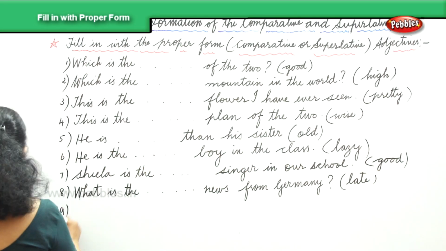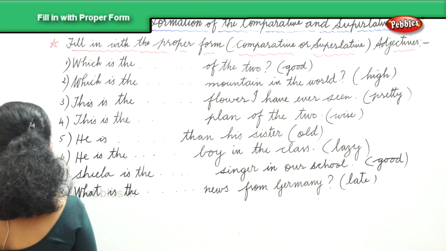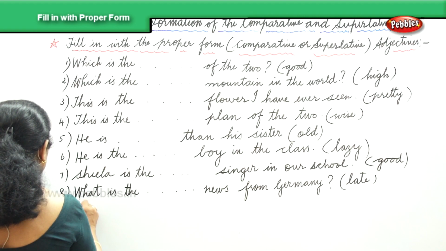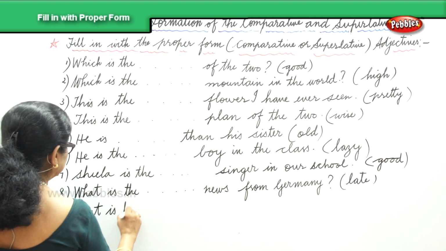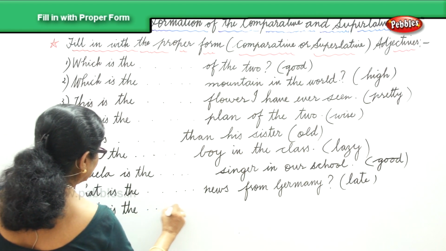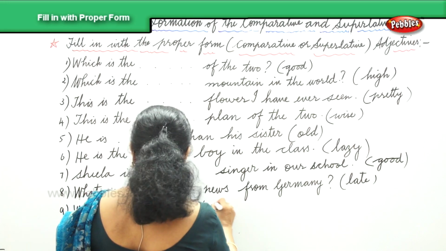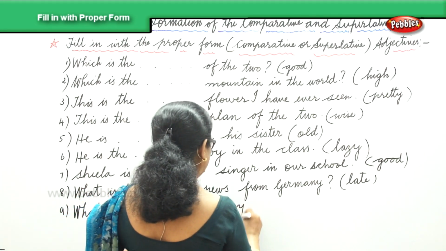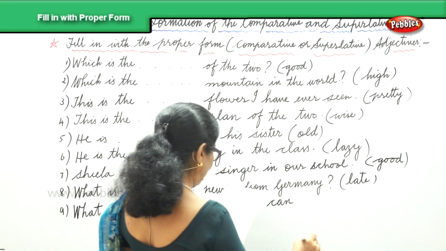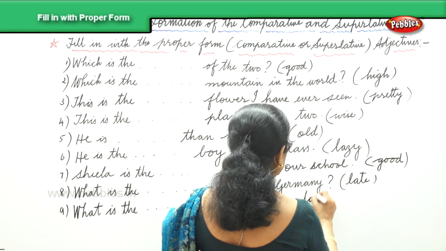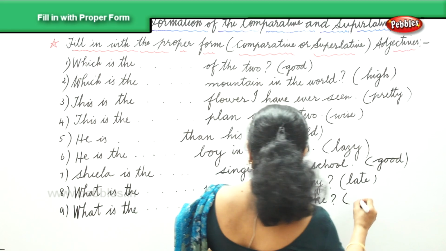Ninth one: what is the dash price you can take, and the word given is little.